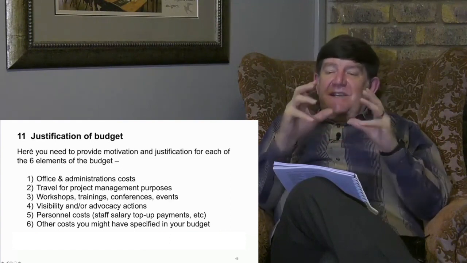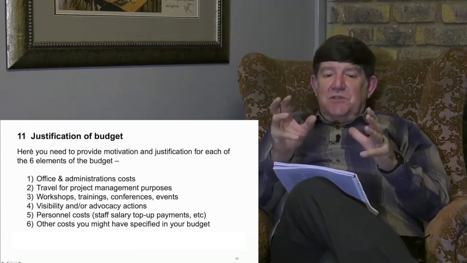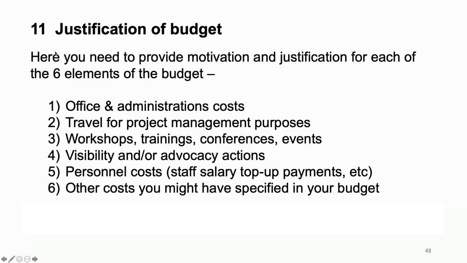As we indicated, there are 6 elements: office and administration costs, travel and project management costs, workshops, training, conferences, events, visibility and advocacy, personnel costs, staff salary, top-up payments, and other costs you might have specified in your budget. You will need to think very carefully as you only have half a page. Only about 50 to 80 words per budget item.